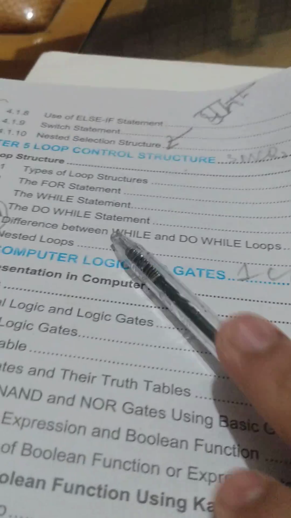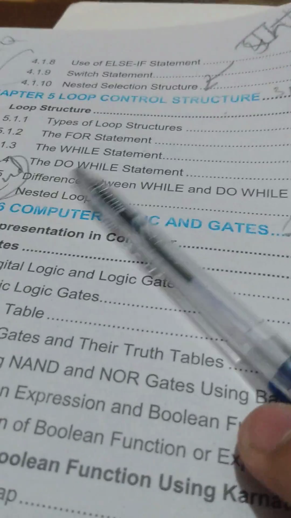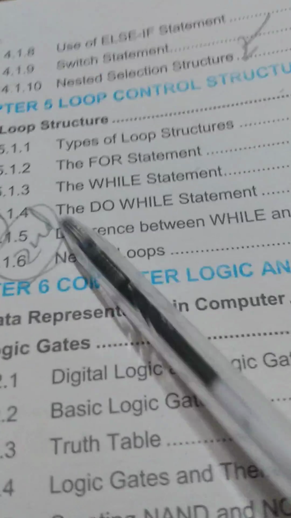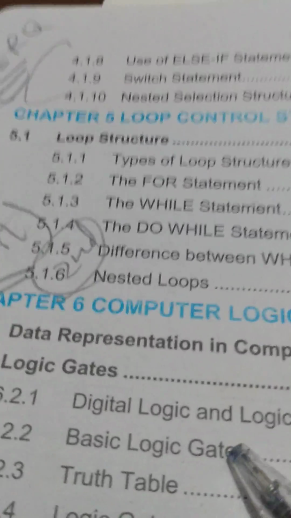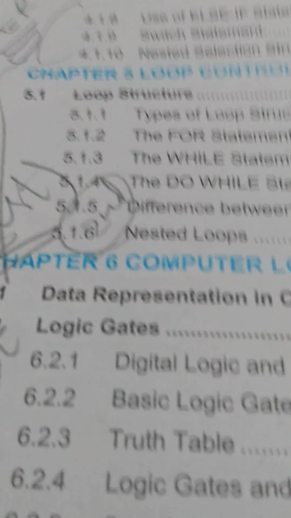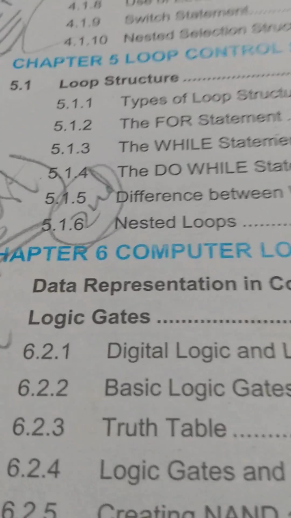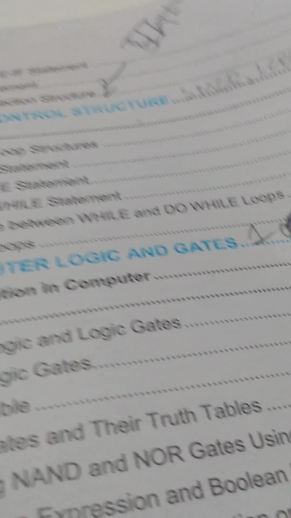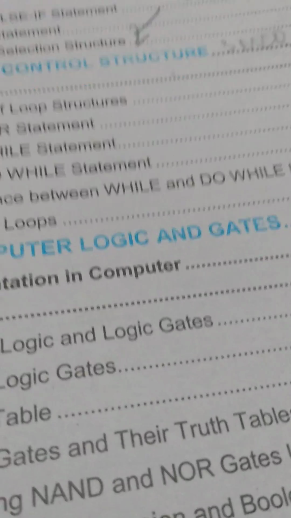Then we will be moving upon loop control structure. Now loop control structure is a very small chapter, but a major chapter as well. Why am I saying that it is a major chapter? Because mostly in exams, in ERQs, we are questioned about the do while statement, or the difference between while and do while statement loops.